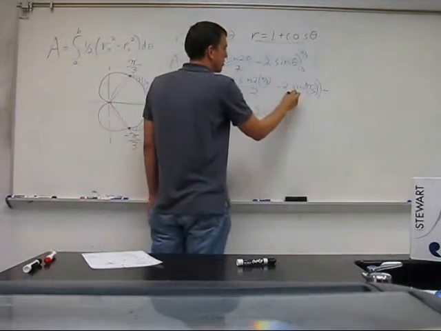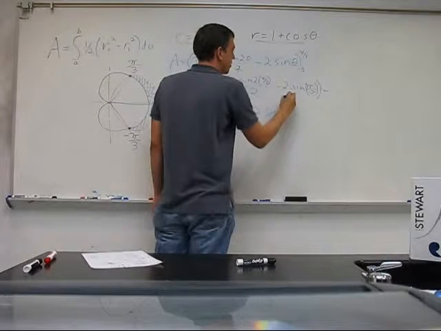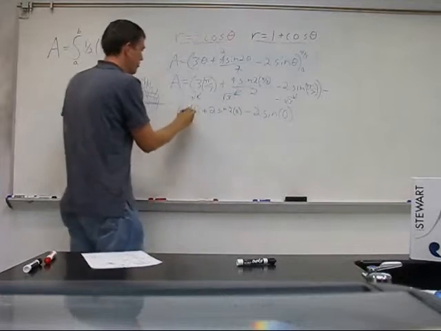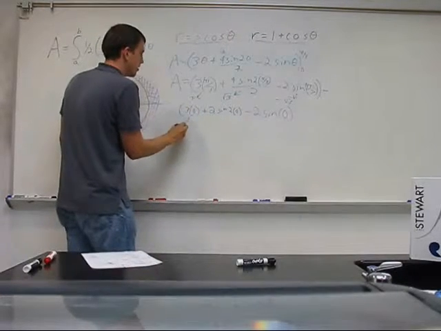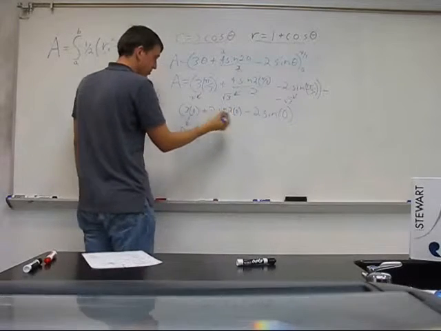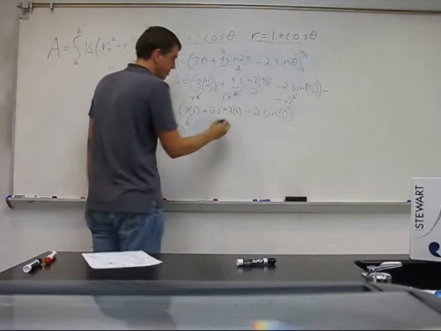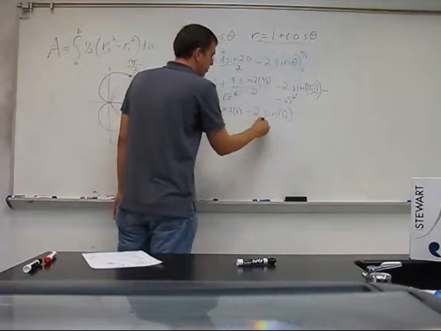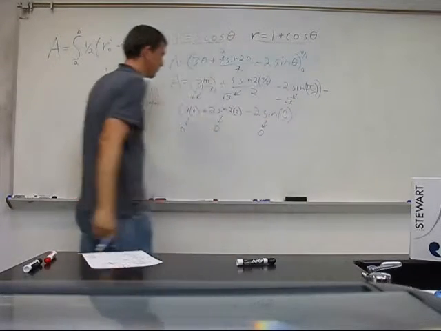This is also going to be root 3, except negative, because of this. So there you go. 3 times 0 is just 0. 2 times sine of 0 is, obviously sine of 0 is 0. So 0. And the same thing, sine of 0 is 0.